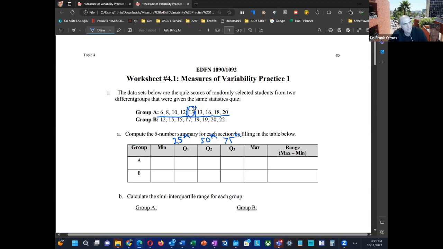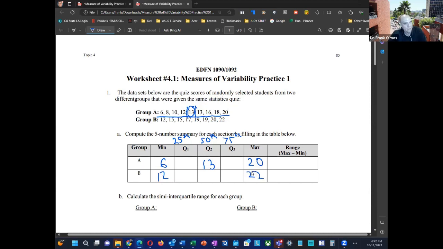Once you know the median is 13, you can put it in Q2, the median, 50th percentile. Might as well fill in the other ones too. The minimum is going to be 6, the maximum is going to be 20. Might as well do group B. Minimum for group B is 12, maximum is 22.